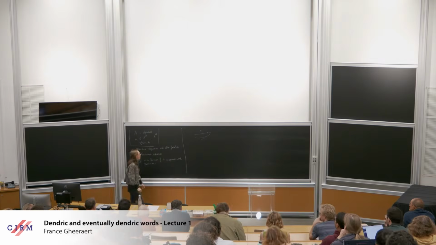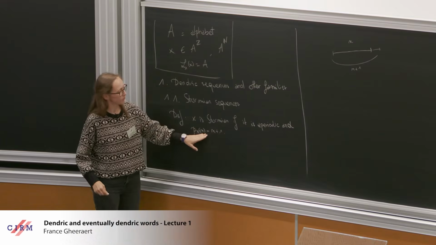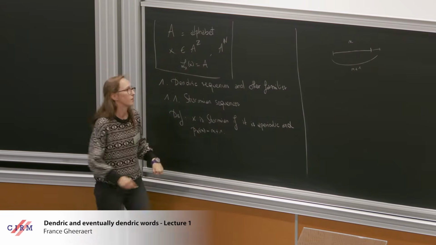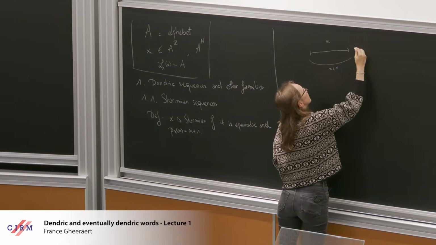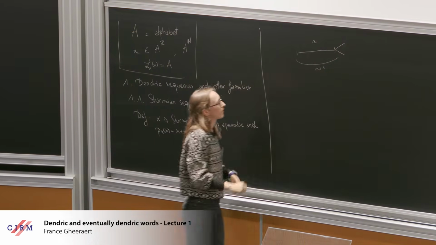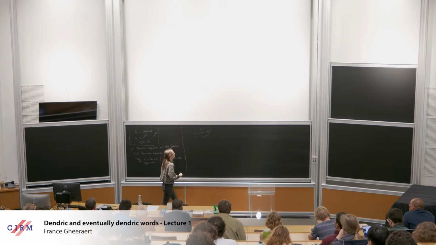But since when you go from n to n plus 1, the factor complexity increases by 1, that means that there is exactly one word of length n which can be extended in two different ways on the right. Okay. So let me formalize this.